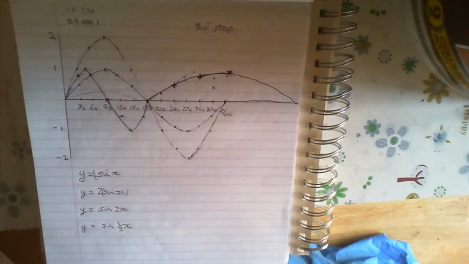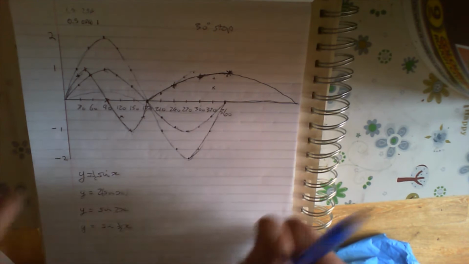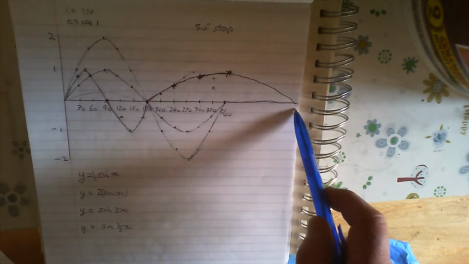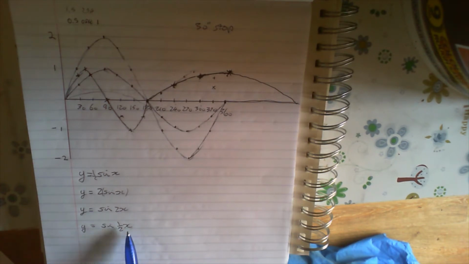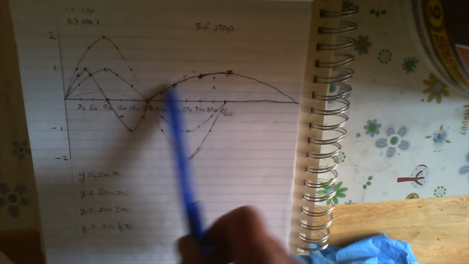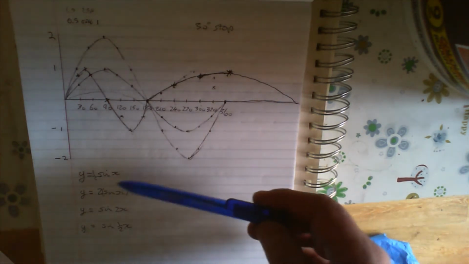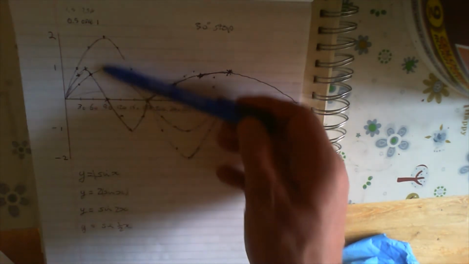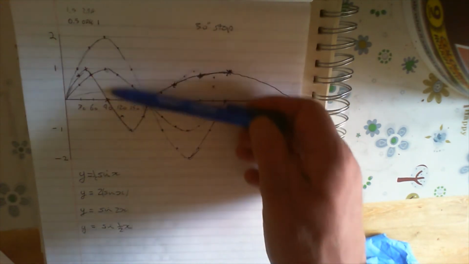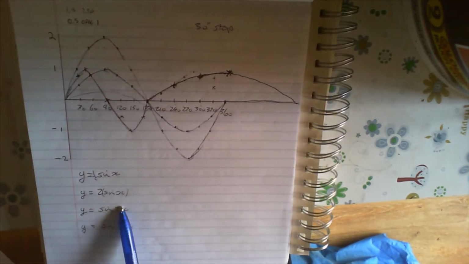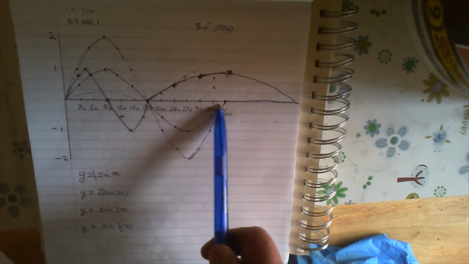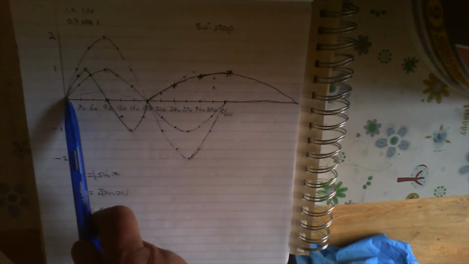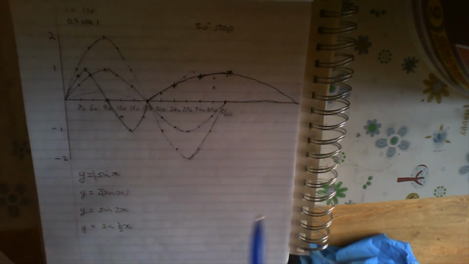So that means if that was moved back to there, that was only doing half a cycle in the full 360 degrees, just like what it says there, y equals sine of a half x. So what I want you to get from this is that this number here determines the size of the amplitude, and this value in front of the x determines at what rate it traverses this axis, or at what rate it goes through its cycles.